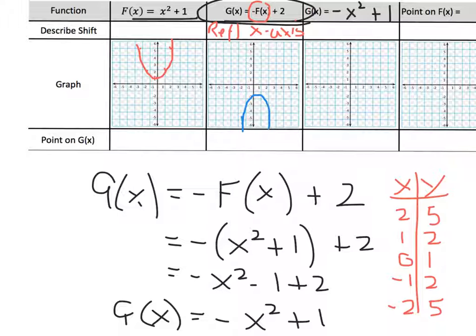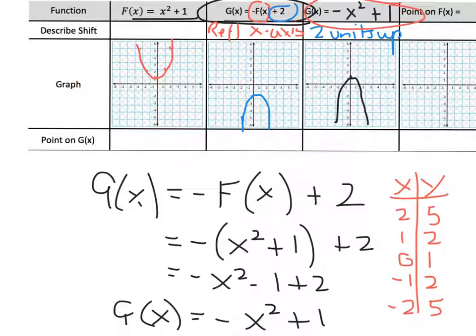Again, still not very good, but you get the idea. It's been reflected down. Then we move on to the plus 2, and that's 2 units up. So this graph, the blue graph, gets shifted 2 units up, and it will go through that point there and come down. And that will be the graph of, as we predicted at the beginning, negative x squared plus 1.